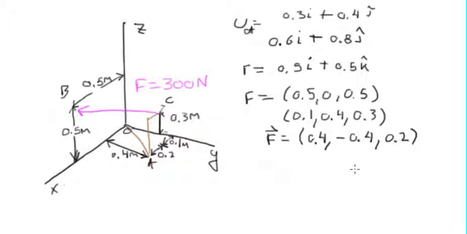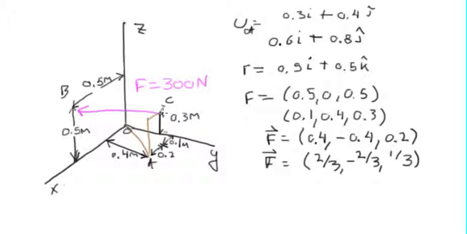Divide every term in here by 0.6. So your force as a unit vector is going to be equal to 0.4 divided by 0.6, or 2/3, and then minus 2/3, and then 0.2 divided by 0.6 is going to be 1/3.